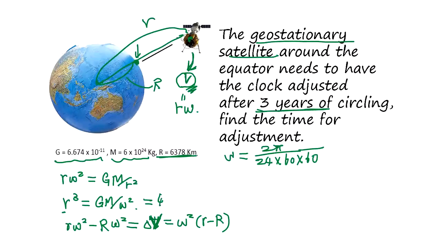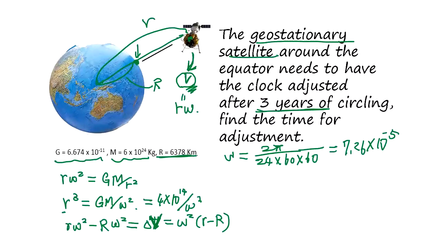That's the 4 times 10 to the 14 per omega square. Okay, so omega is 2 times 3.14 divided by 24 divided by 60 divided by 60. 7.26 times 10 to the minus 5.